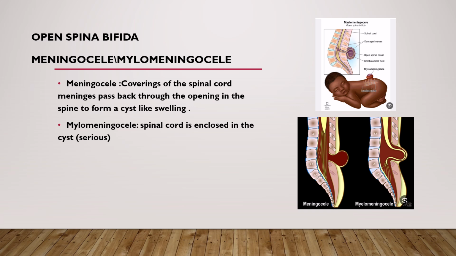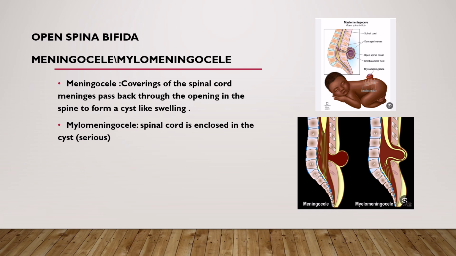There is open spina bifida here, not occulta, it's open, meaning there is something bulging outside. This is called meningocele or myelomeningocele according to its content. If there is only covering meninges and CSF in the sac, it's called meningocele.